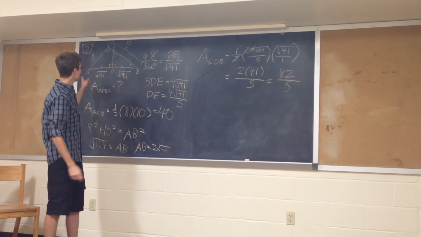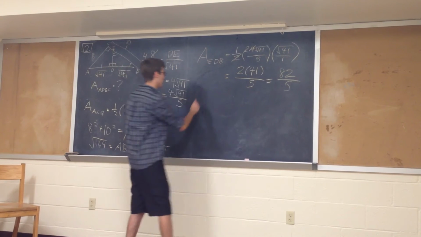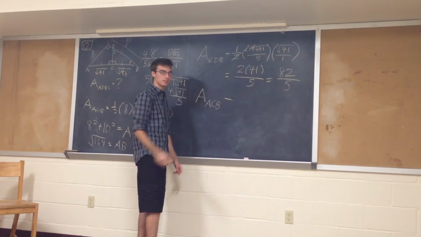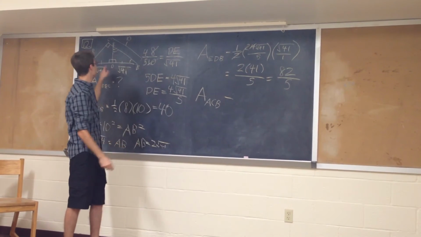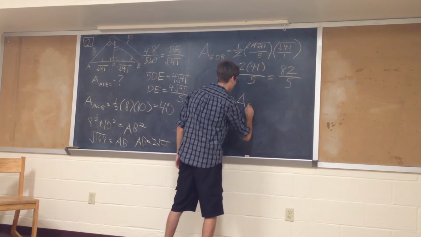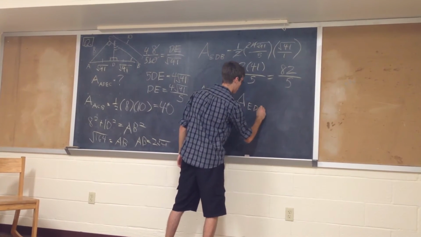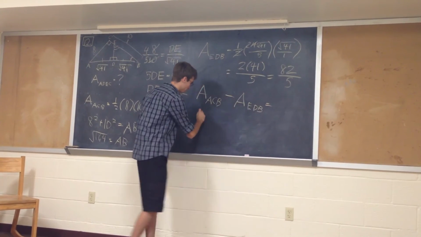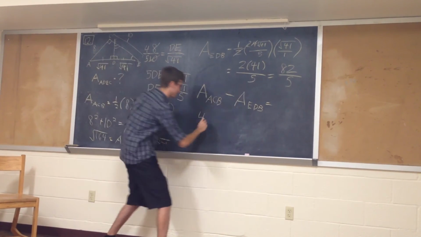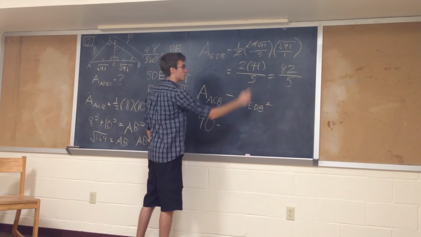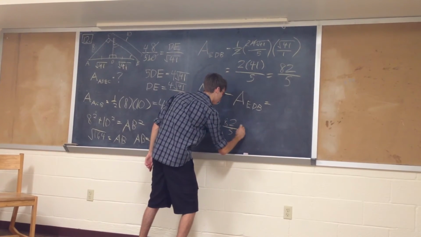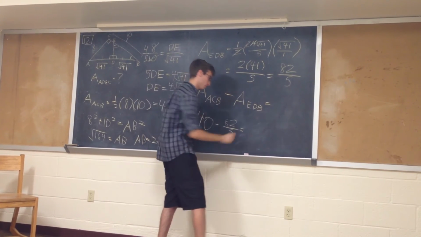So, the area of ACB, we have that. And we subtract the area of EDB to get the area of our quadrilateral, and that's what we're looking for. And that would be 40, right? Where is it? There it is, 40, minus 82 over 5. Also 200 over 5, right?